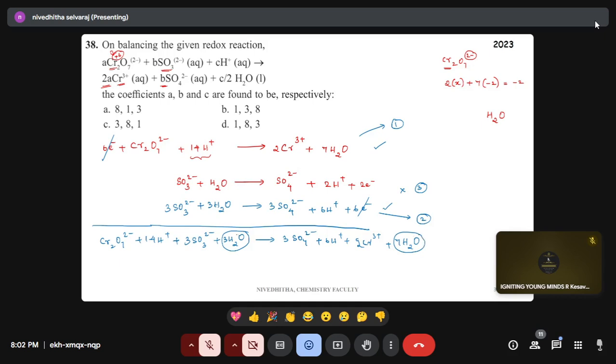So please bring this 3 H2O to the right. So what will happen? And also we have 6 H plus ions. So please make them equal, or please simplify those H plus ions. So what will happen?